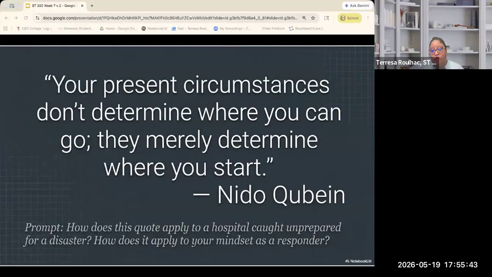But what determined the outcome? The structure, command system, teamwork, preparation, and above all, our members' professionalism. The circumstances set the stage, but our response determined the direction.